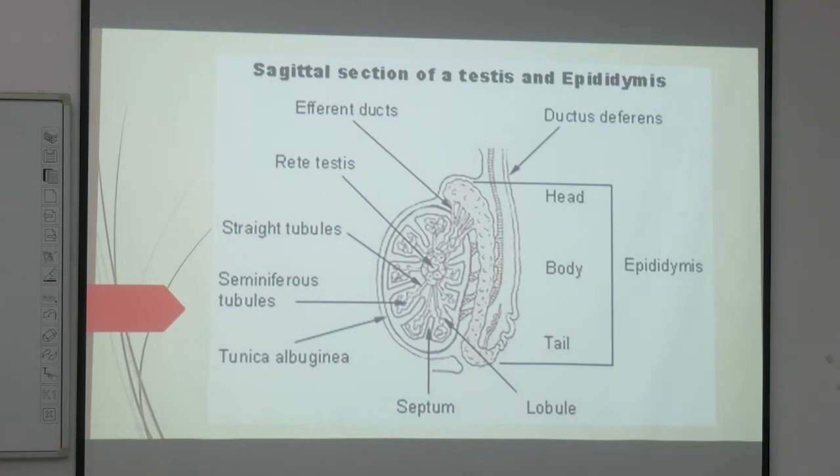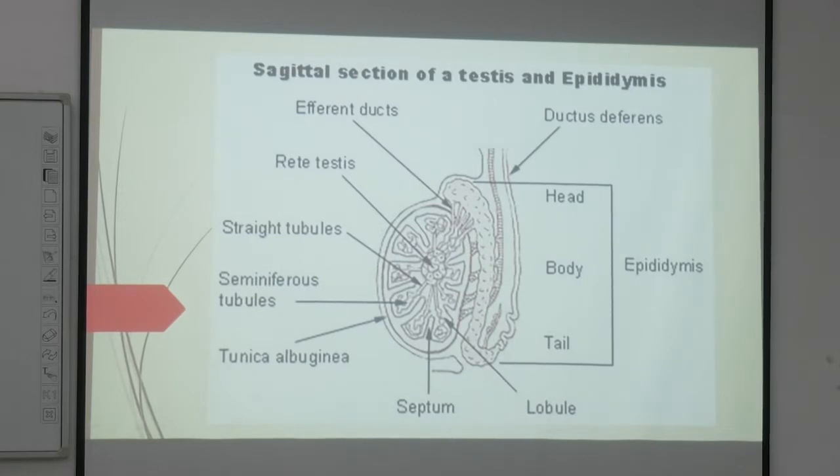So if we look, you can write down step by step how it goes. Seminiferous tubule, give an arrow, straight tubule. After that we have the rete testis, spelling R-E-T-E, rete testis.